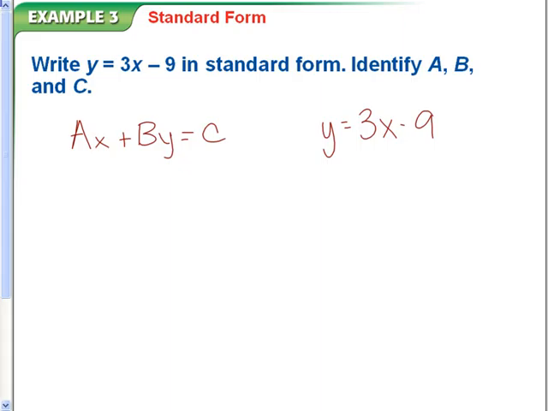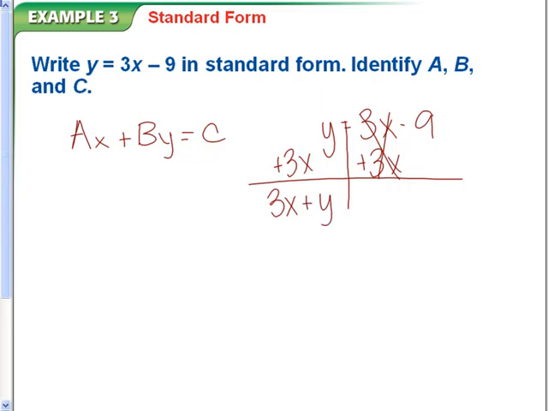It needs to be on the left-hand side. So I'll drop down my line and add 3x to both sides. And we'll write this as 3x plus y. In standard form, the x term has to go first and then the y term. And it equals negative 9.